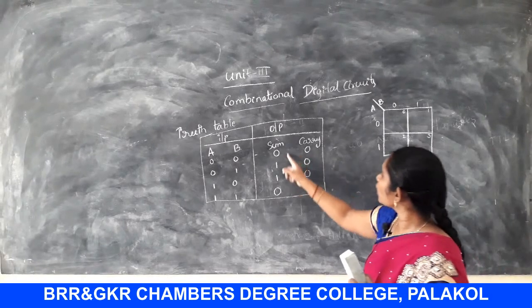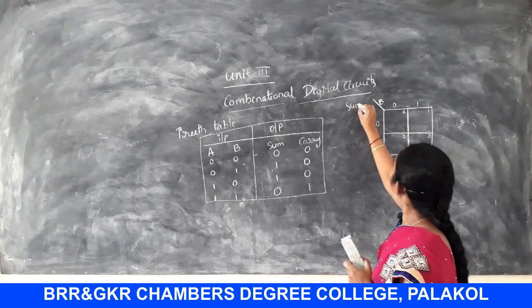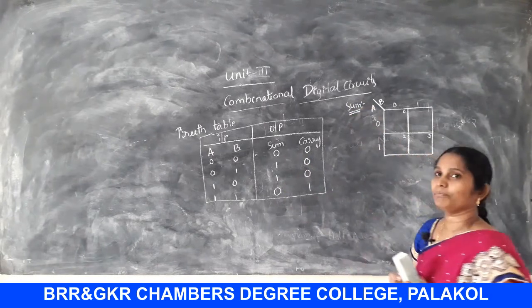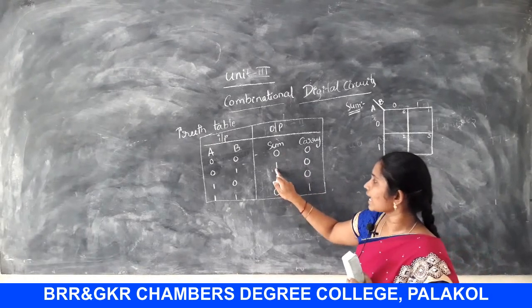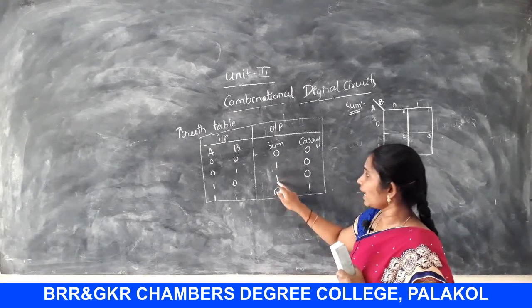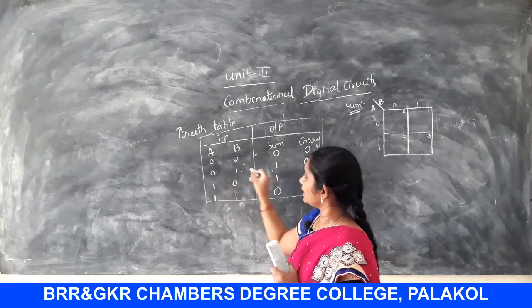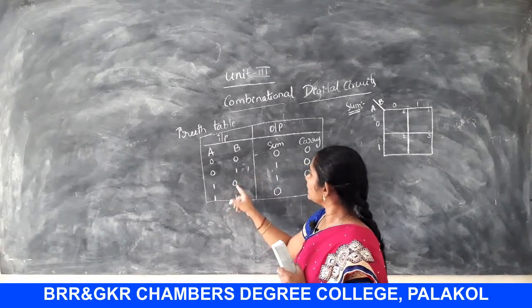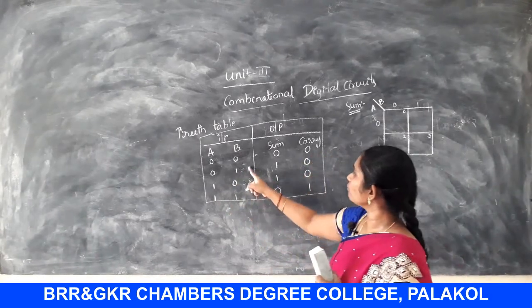First of all you have to find out the K map for sum. Where is the sum high? Here this is high and this is high. High means 1. The corresponding decimal equivalents are 1 and 2.